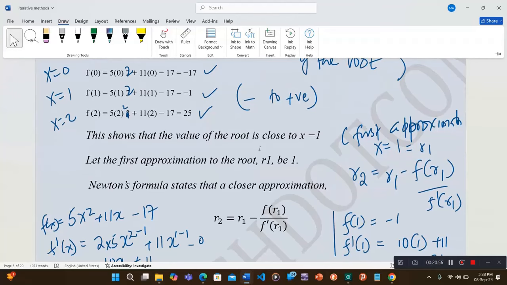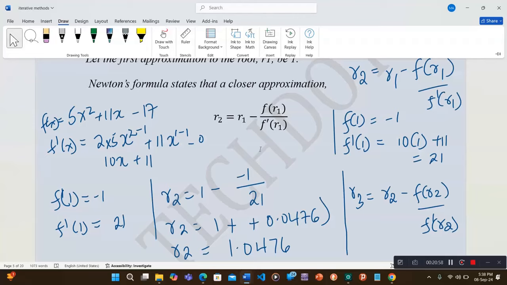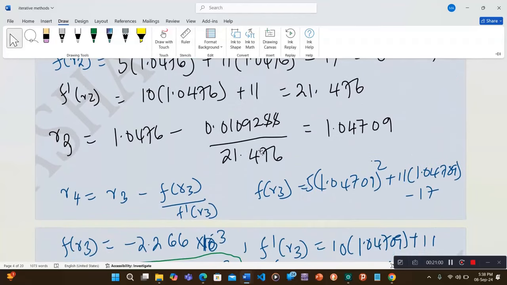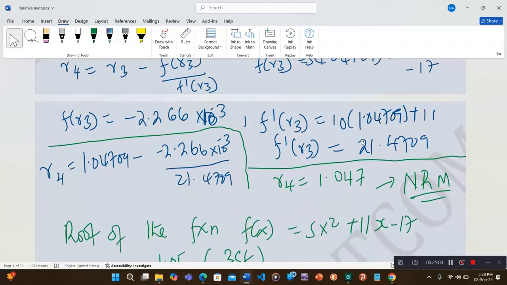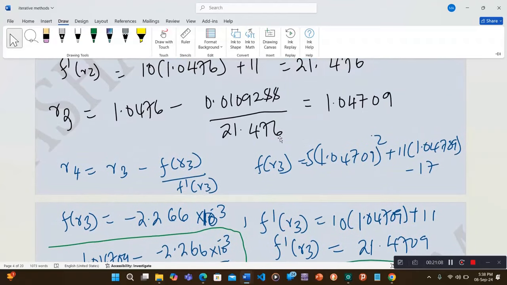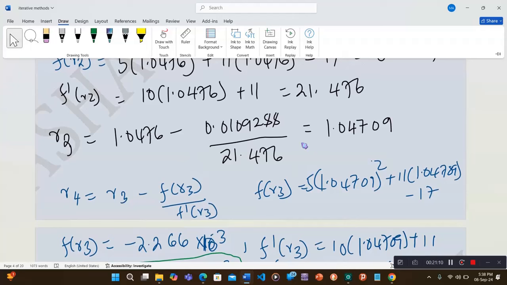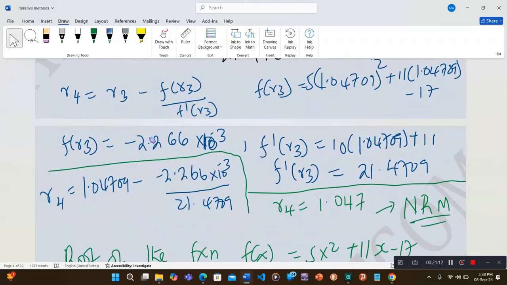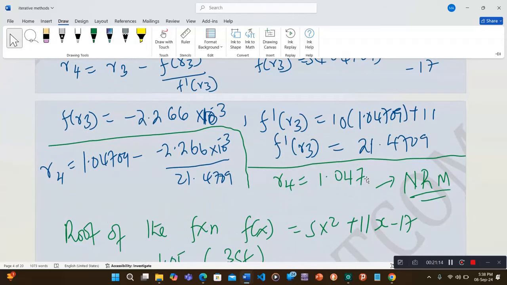And how do you know that you have arrived at the final value? If you see there is no significant difference between, for example, the successive iterations. You can see the value of R3 and look at the value of R4. This R4 was giving me 1.0471.